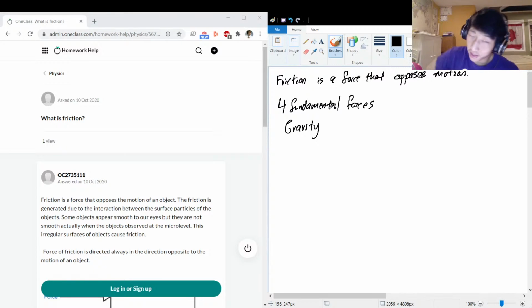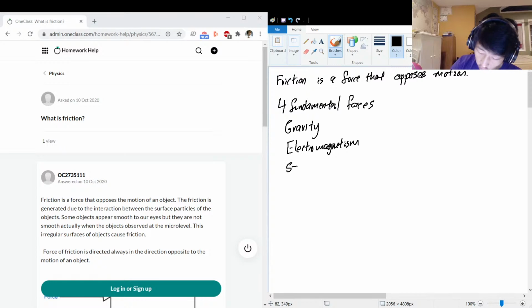But, you know, physics is an incomplete field. There still needs to be a lot of work done to find all the answers to the universe. We have gravity, we have electromagnetism. We have the strong force, strong nuclear force, and the weak nuclear force.